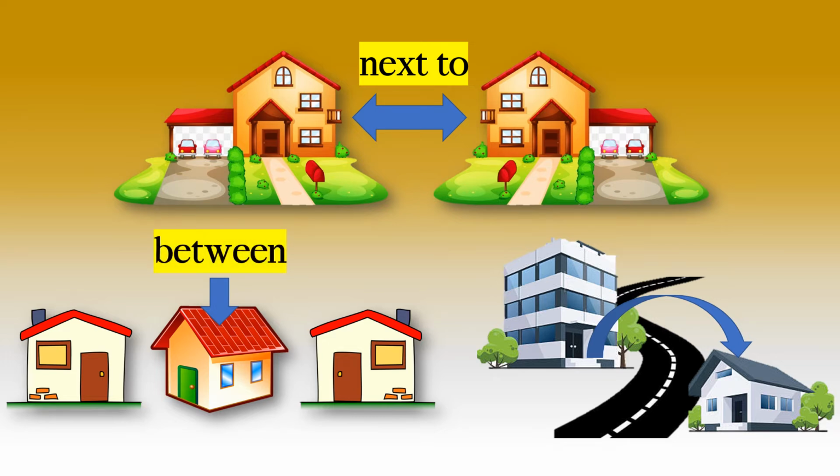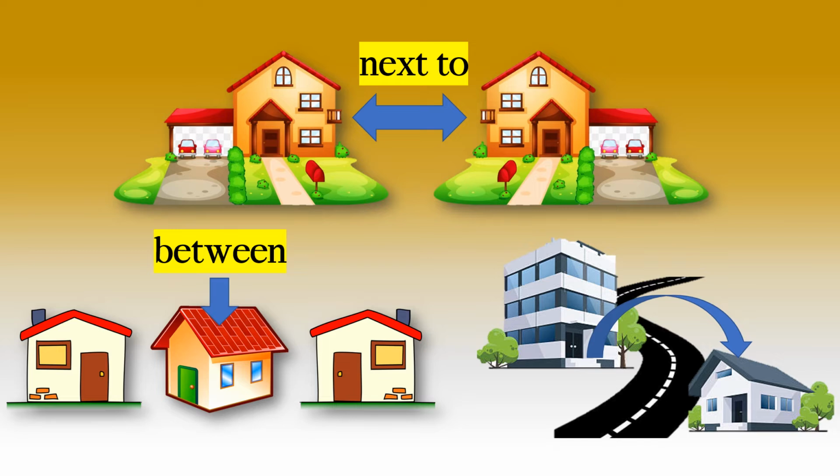This house is between the two other houses. It is between. For something to be between, there must be three objects. Here we can see house number 1, house number 2 and house number 3. House number 2 is between house number 1 and house number 3. And the last one, look at the office and the house.